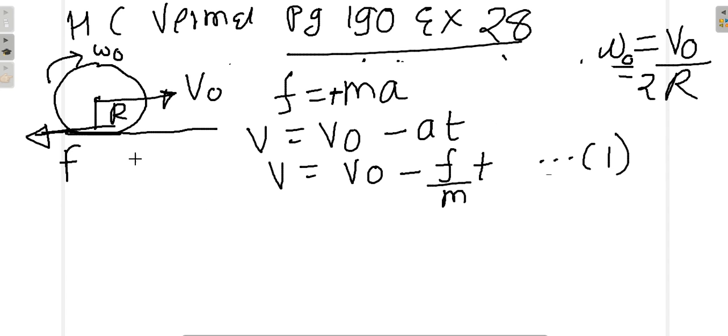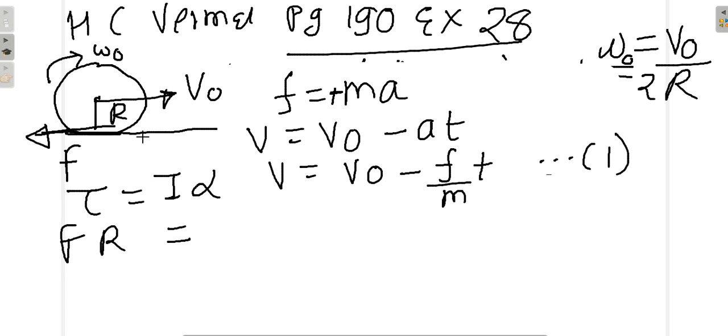What is the second equation? The second equation is the torque acting. The torque acting is given by I alpha. I hope you know this. So torque acting is I into alpha. What is the torque? The torque is force of friction into r.